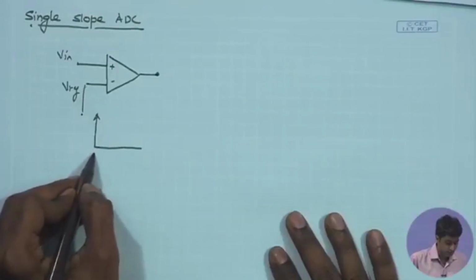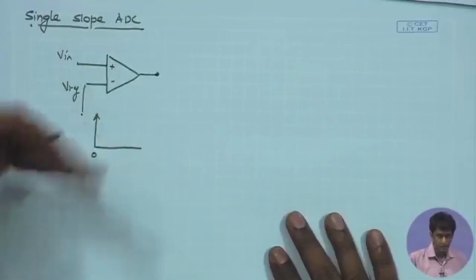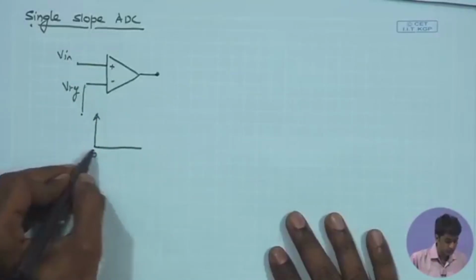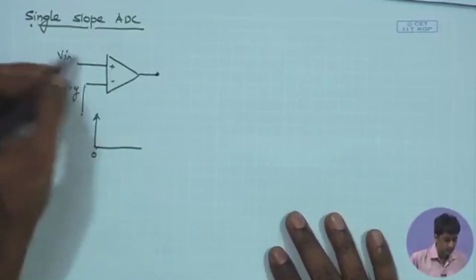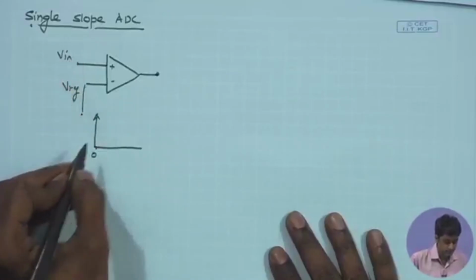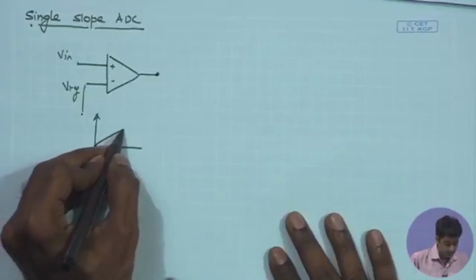Vref is supposed to start from 0 if your lower supply is 0, that is the minimum input level possible that the ADC can receive, and it is supposed to increase linearly with time.